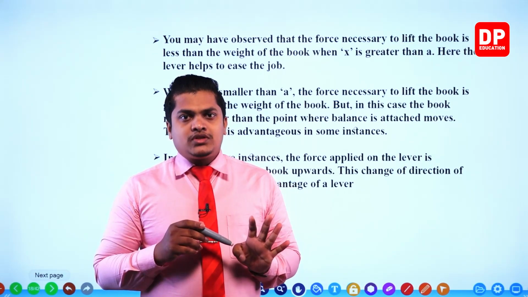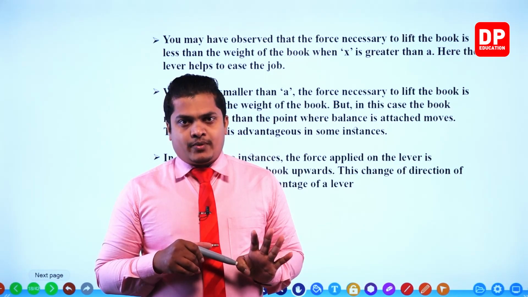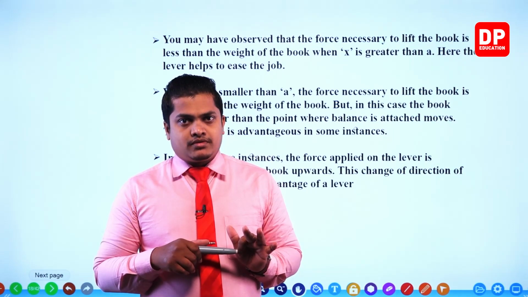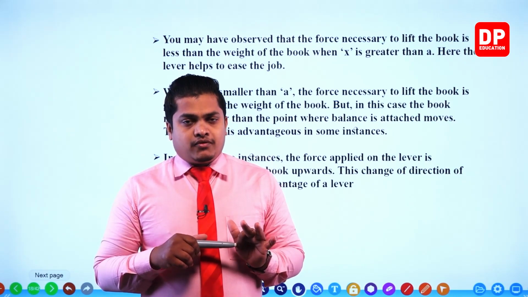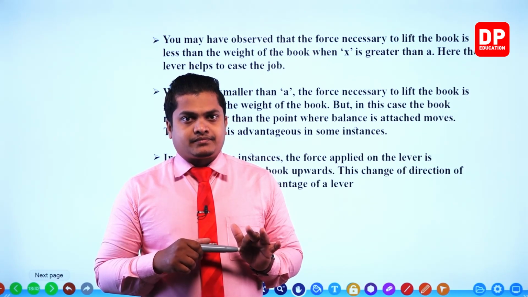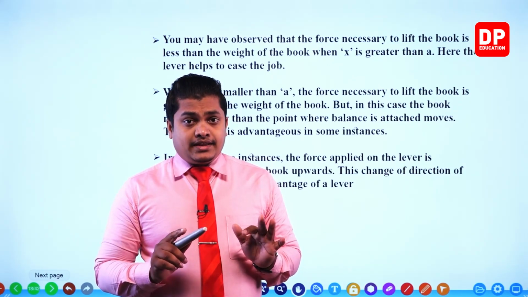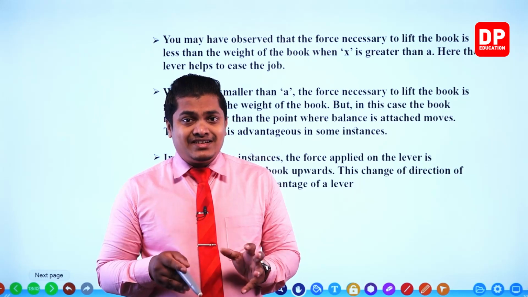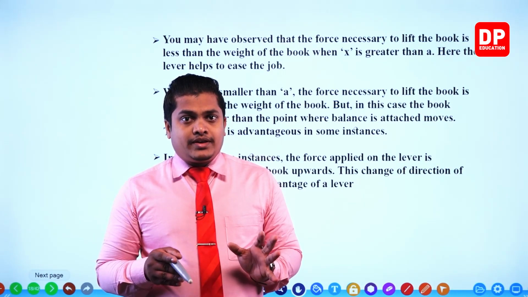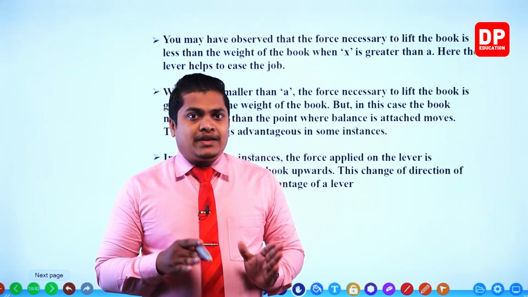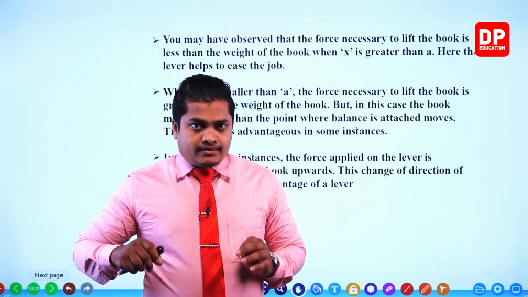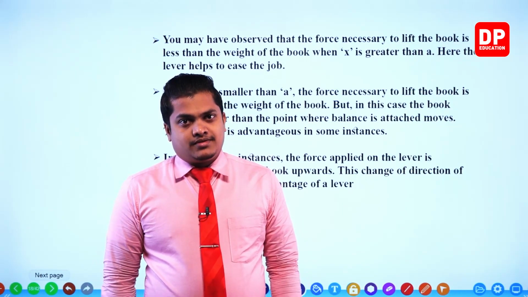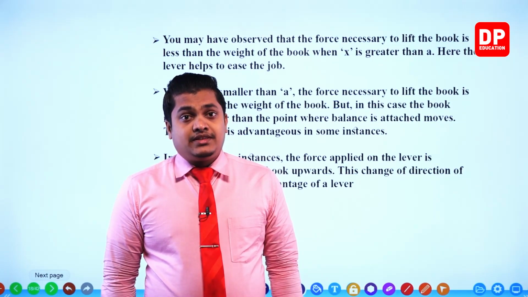The force needed to lift the weight is reduced, and the direction in which we need to apply the force is also changed to a much simpler and easier direction. So by placing a lever, we can get both of those advantages. That is why, my dear children, a lever is this powerful.